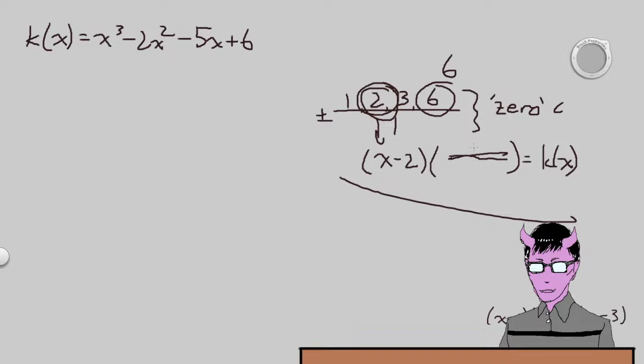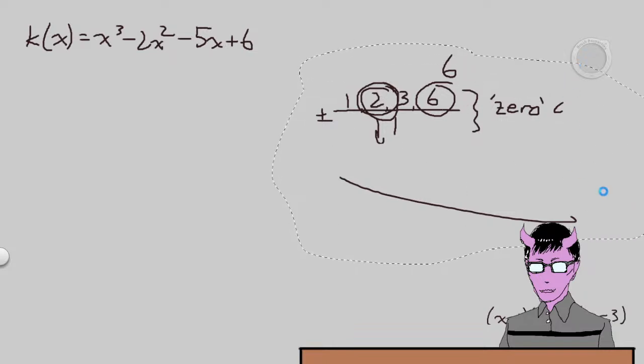So in a way, it's kind of cheating, but this is just for illustrative purposes. So we're going to delete this part right here because the candidate x minus 2 as a factor has failed. So that means that 2 as a 0 has also failed. 2 is not a 0.